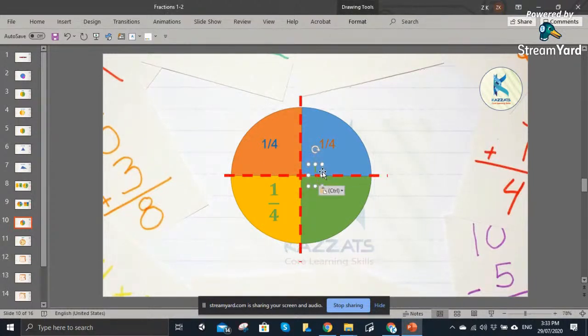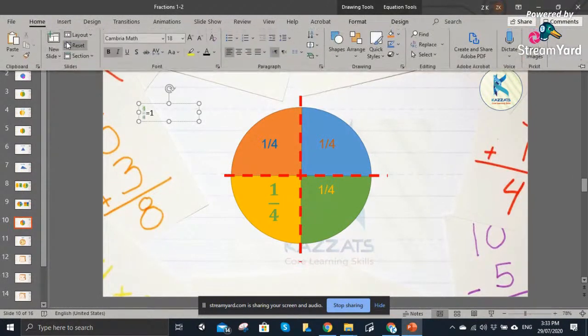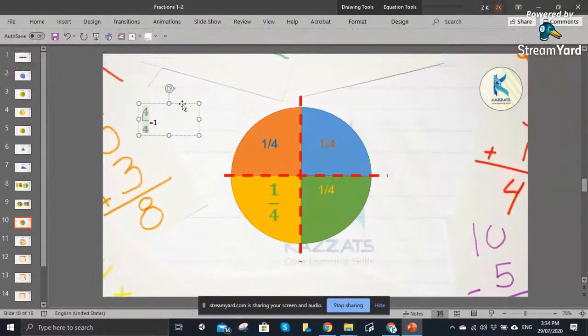If I'm talking about this whole diagram, then my whole shape will not be 1 over 4, but it will be written as 4 over 4. Please remember that the total part is 1. If I have a triangle and it is consisting of 8 parts, then it will be 8 over 8.